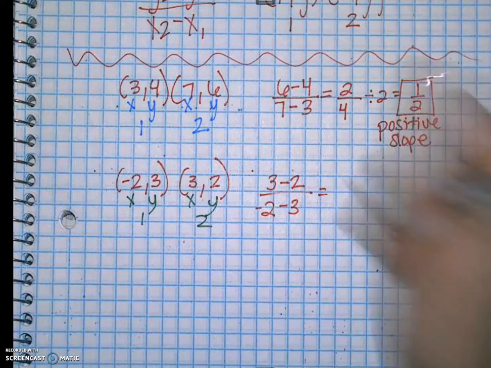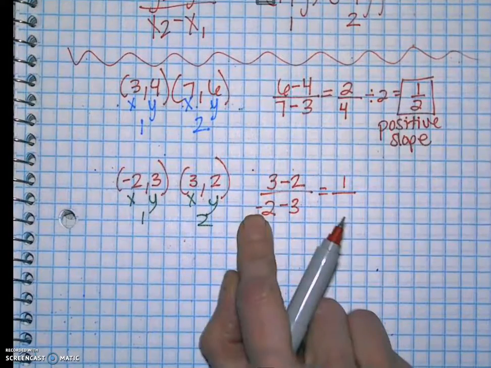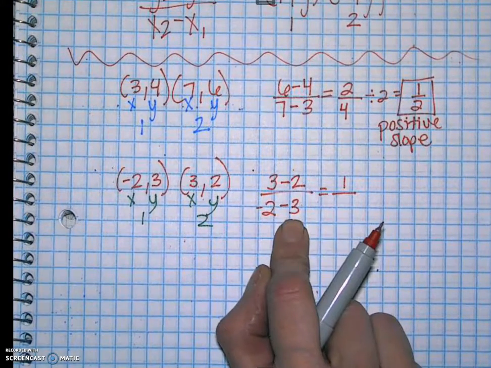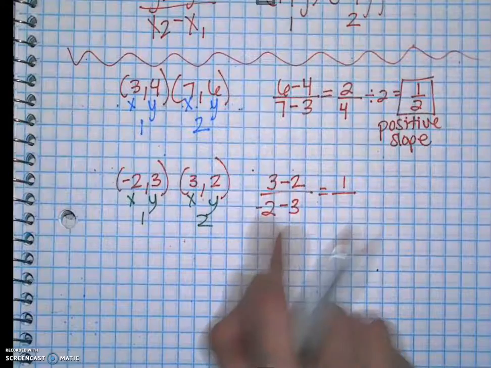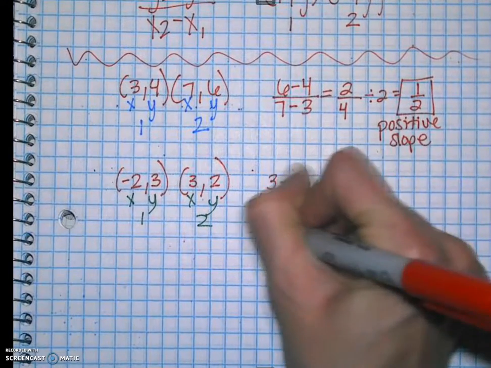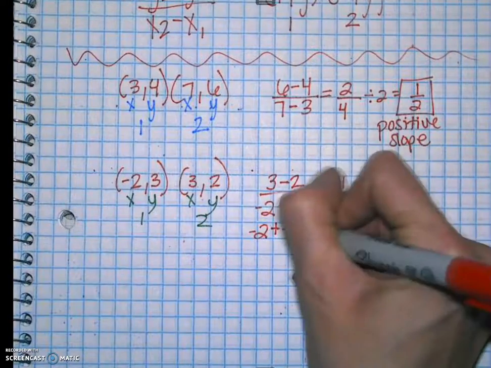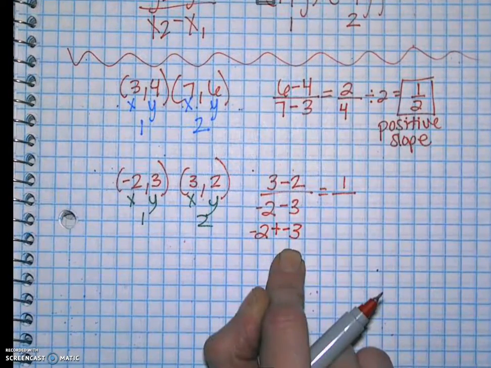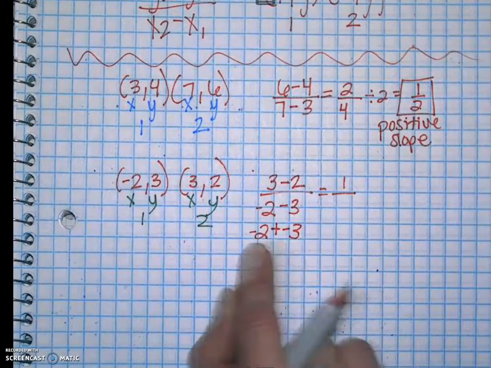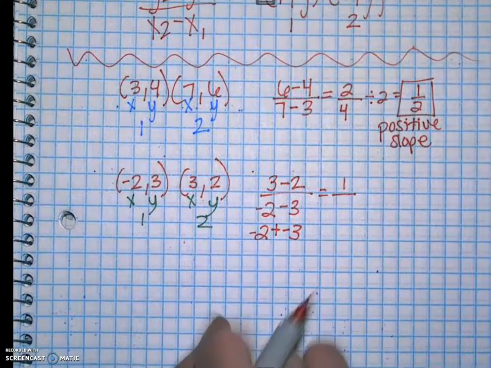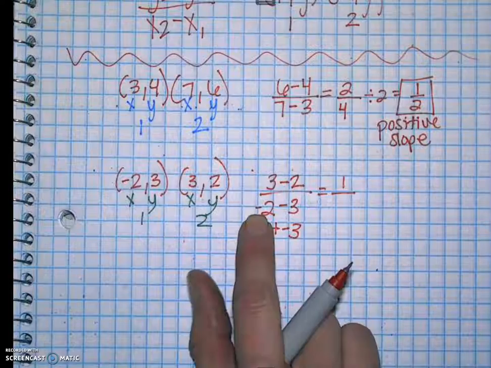So 3 minus 2 is 1. Negative 2 minus 3. I know some of you guys like keep, change. All this right here is saying is negative 2, keep, change, plus, change, negative 3. You're just adding them. I don't generally do this. It doesn't matter. It's totally up to you. This right here is saying you have 2 negatives and then you have 3 more negatives.